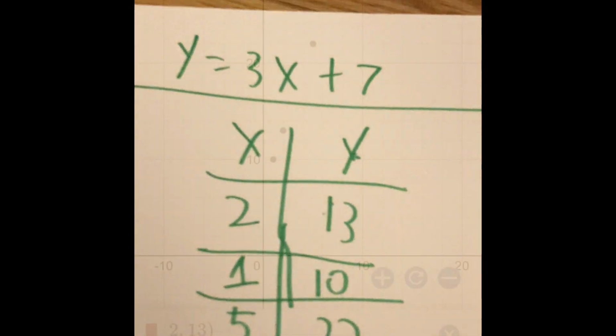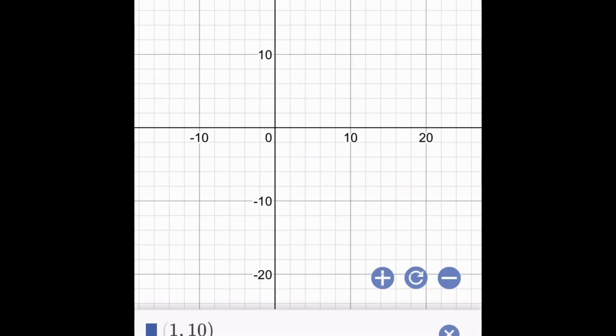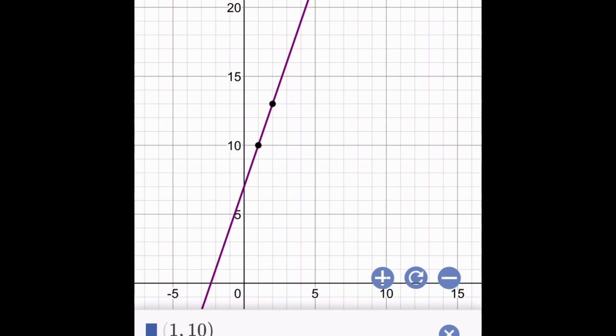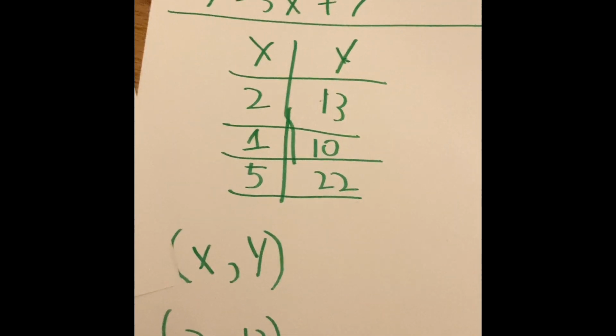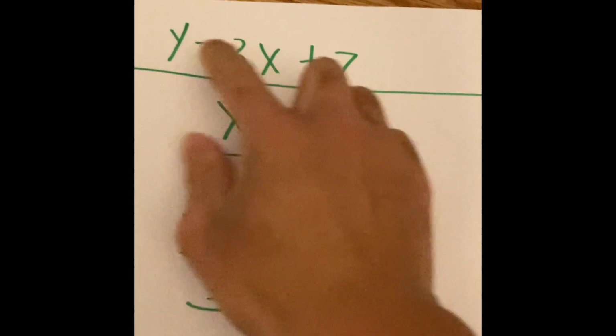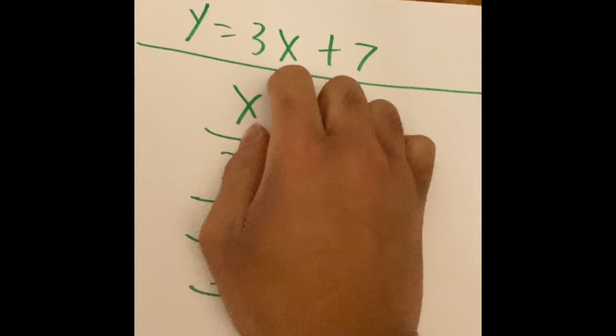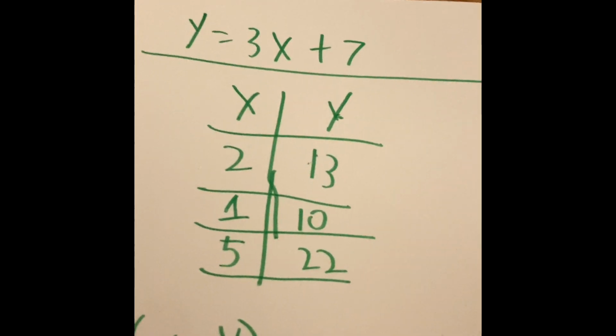Let's see what happens. Yes, that is definitely a slope, and these points definitely make it on the formula shown above. So we have successfully made a slope.